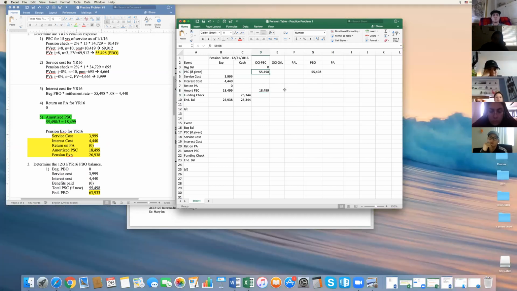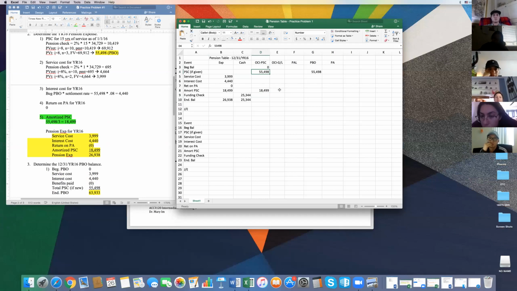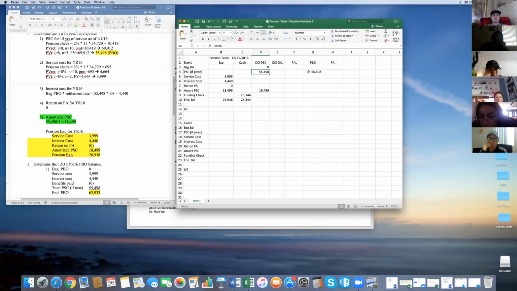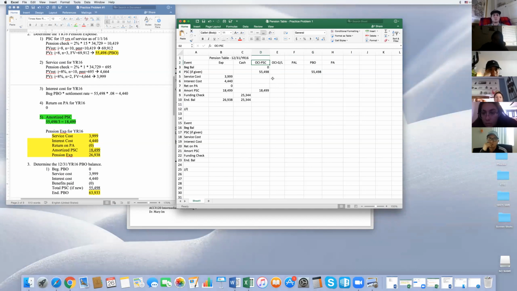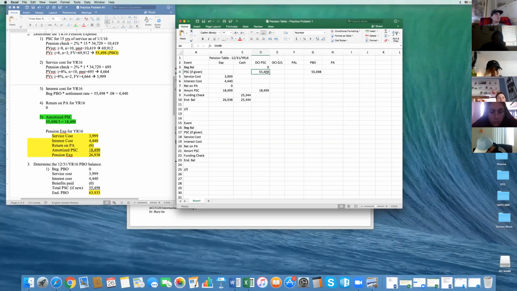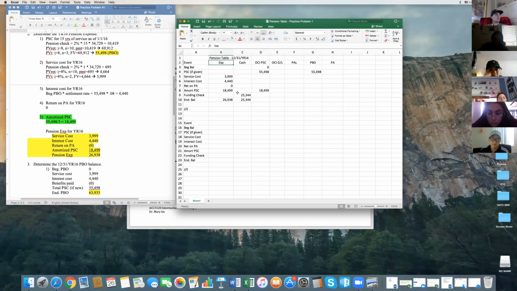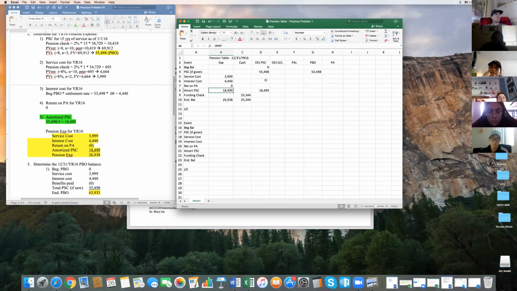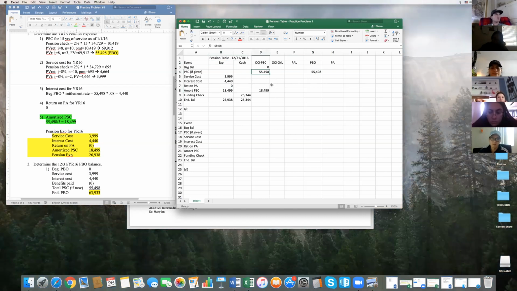This is the total OCI that is debited at the beginning of the year, increasing the PBO balance at that time. However, our goal is to put this prior service cost in other comprehensive income, and then over time we take it out of the equity section and put it into the pension expense through this amortized prior service cost. Therefore, at first, OCI has a balance of $55,498.